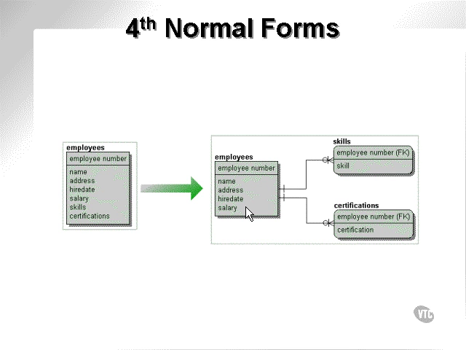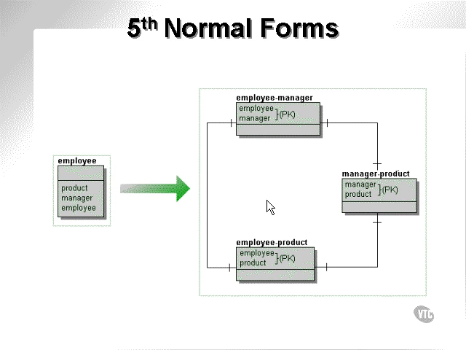Let's go to fifth normal form. In some ways, I actually find fifth normal form a little easier to explain. In this object here, employee, we have product, manager, and employee. In theory, each of these items is related to each of the other items. So therefore, because you could end up with composite indexes across each combination, as in product, manager, employee, or just product, manager, manager, employee, product, employee, manager, employee, etc. The list goes on.